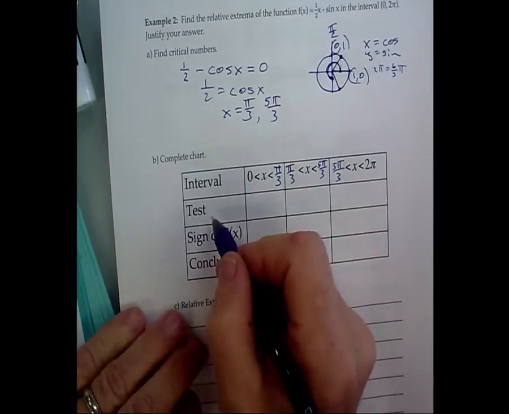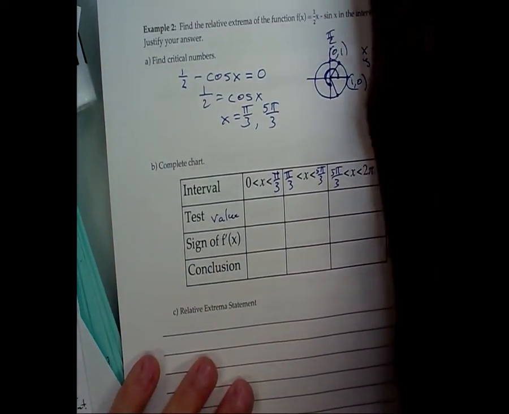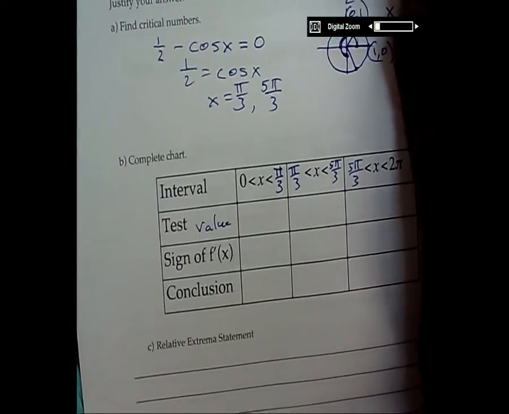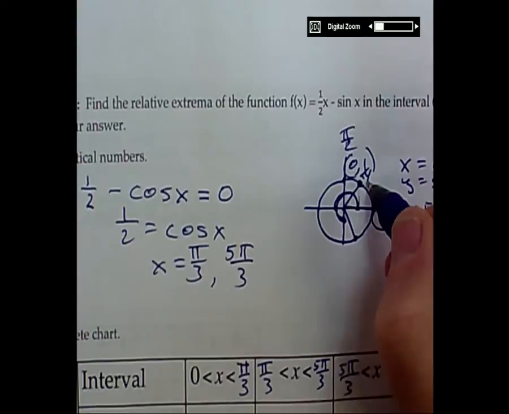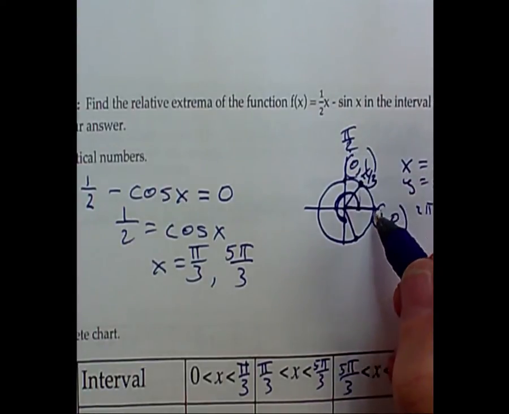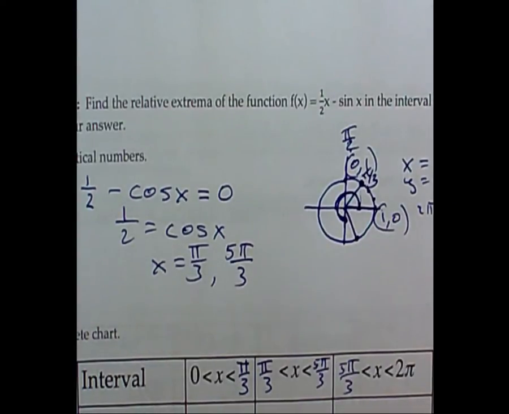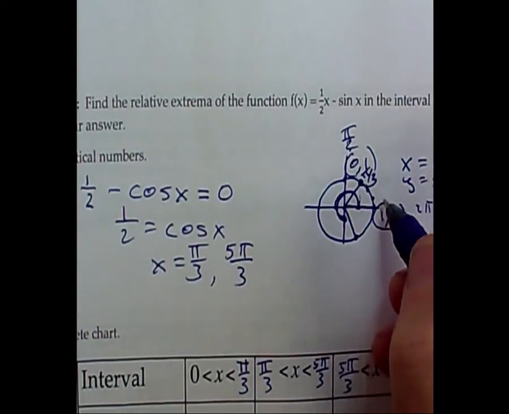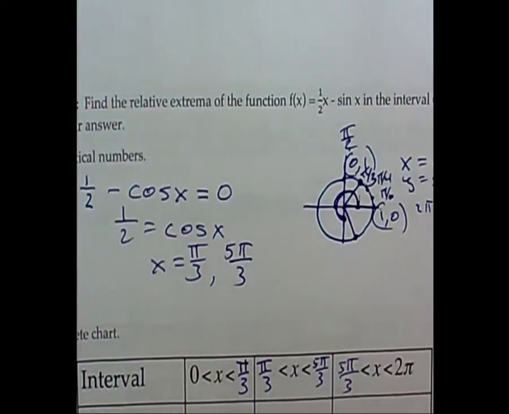So now I'm going to put in a test value. Well, if I look at this baby right here, my beautiful drawing, this is pi over 3. This is pi over 2. I've got a couple of spots here. Does anybody know what those 2 spots are? Pi over 6 or pi over 4, right?